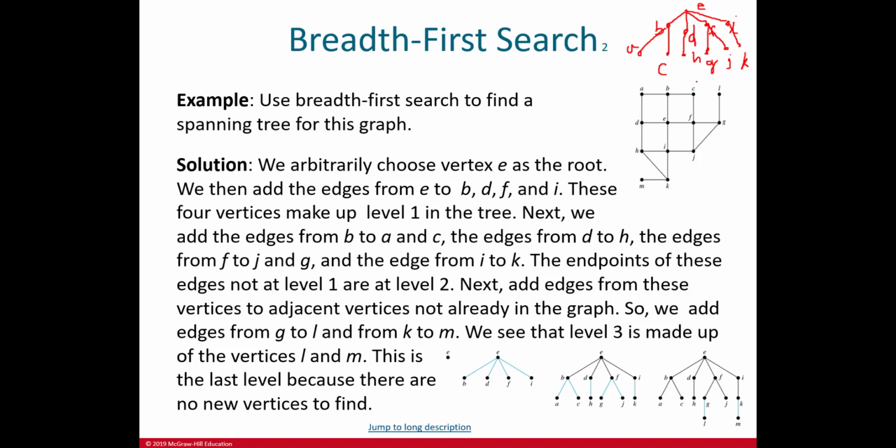For G, though, we can go to another vertex which is not covered, that is L. From J we cannot reach any newer vertex; G and I are already covered, and F is also covered. Then from K we can reach a newer vertex, which is M, because there is an edge KM that we can add. And this is the tree generated using breadth first search on this diagram.